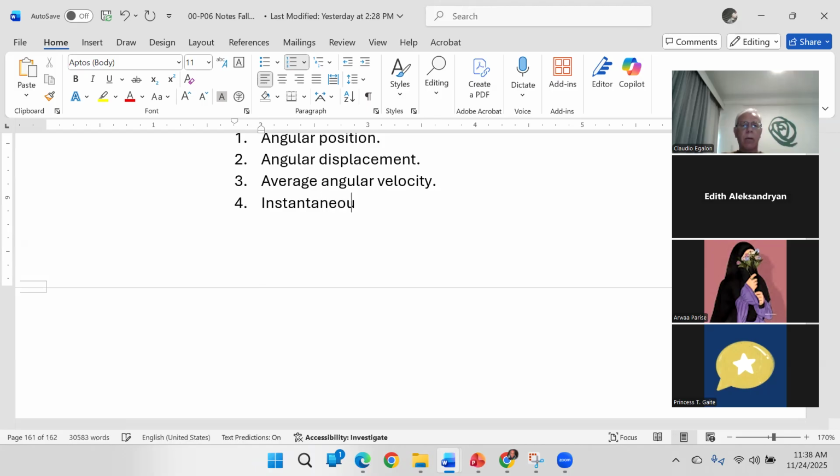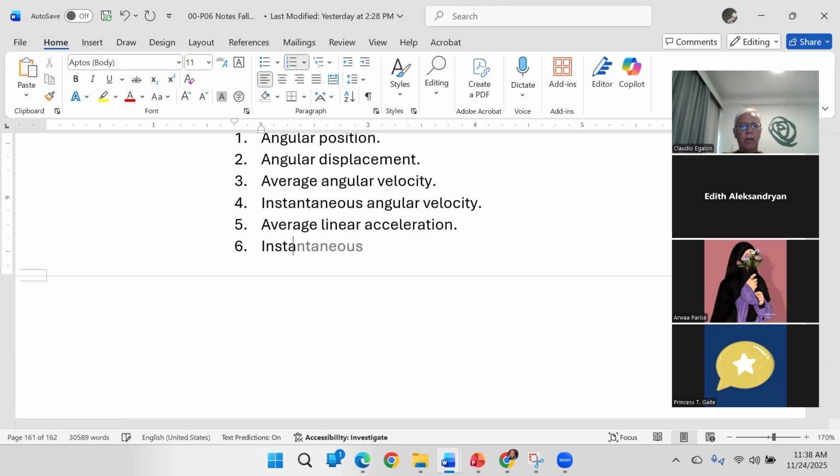Instantaneous angular velocity. Average angular acceleration. Instantaneous angular acceleration, right? What else did we talk about?